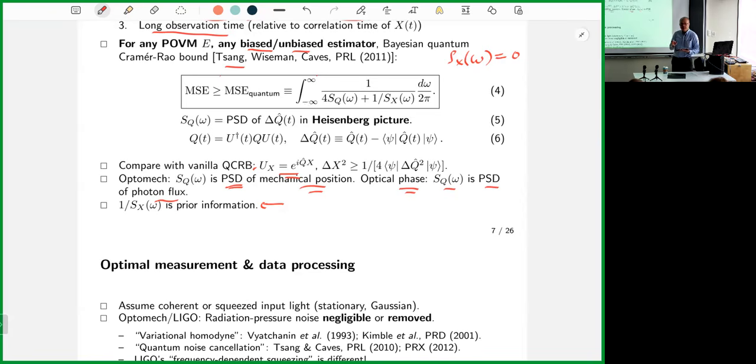So the bandwidth of the random process sets the limit to the integral. But even if it's a soft bandwidth, like if in the frequency domain it looks like this, the integral still converges.